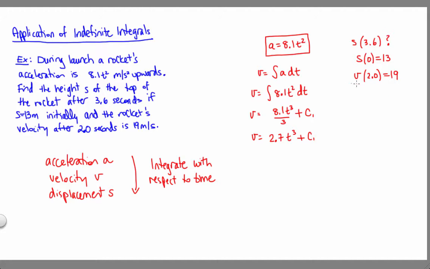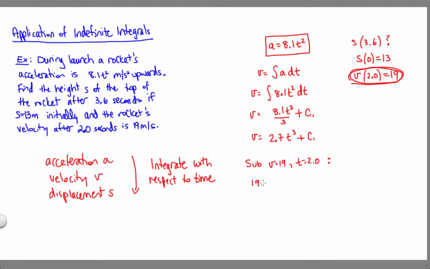And now what we can do is use this fact that v of 2.0 is equal to 19. So let's sub in v is equal to 19, t is equal to 2.0, and that should give us enough information to find the value of that constant C1.